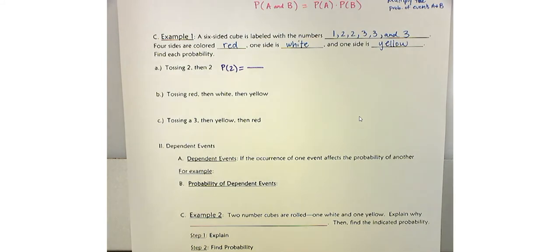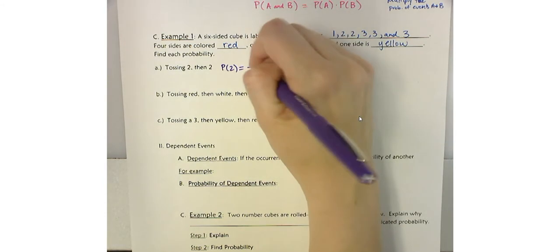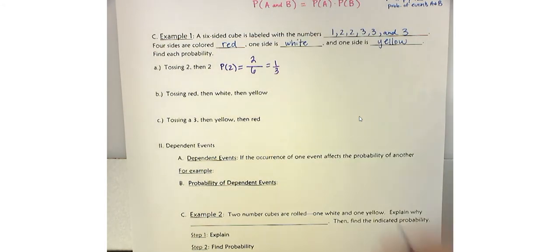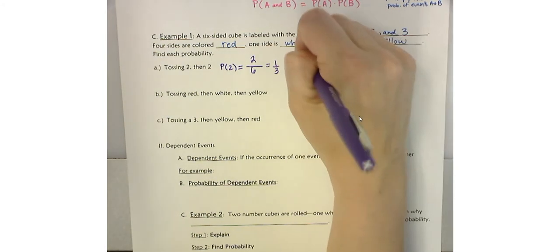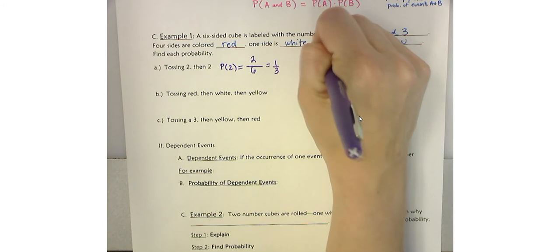And then how many sides have the 2 on them? Damien? Okay, yeah, so you have 2 out of 6, which is going to reduce to 1/3. So the probability of tossing a 2 and then tossing another 2 is 1/3 times 1/3, so 1/9.